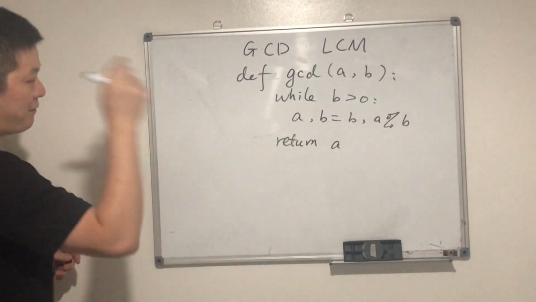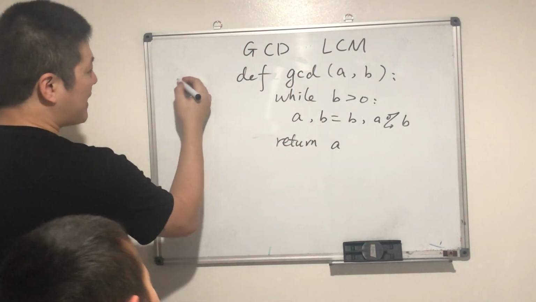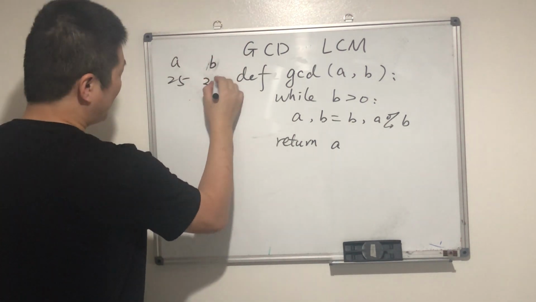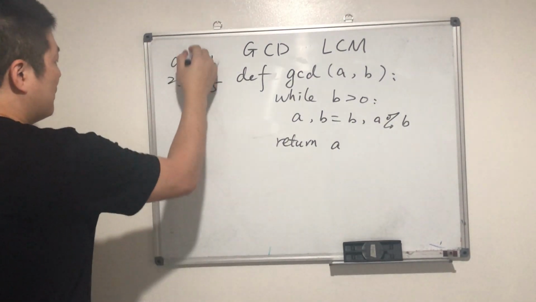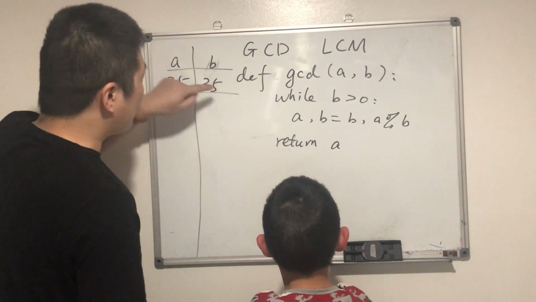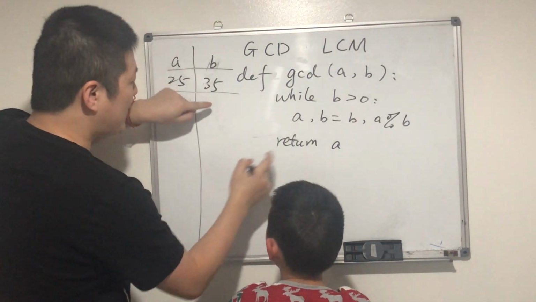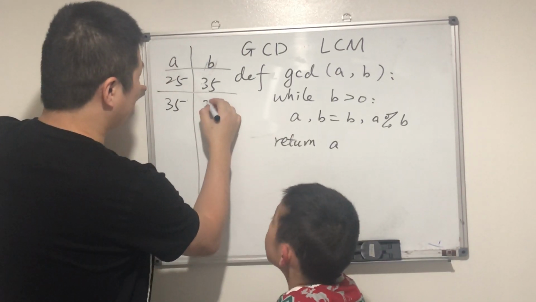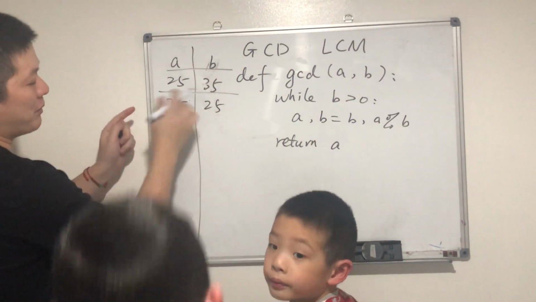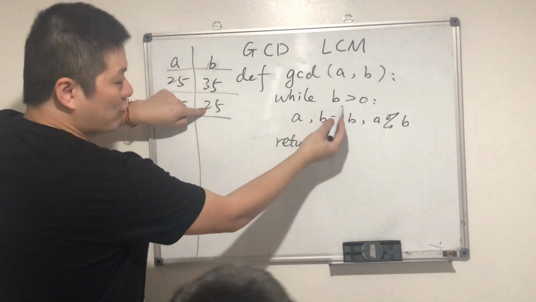We can do this with 25 and 35. A is 25, B is 35. Now, let's do this table. B is bigger than 0, right? So A equals B, and B equals A modulo B, which is 25. So now we just swap. If A is smaller than B, the next one will be swapped. Next, B is bigger than 0, right?